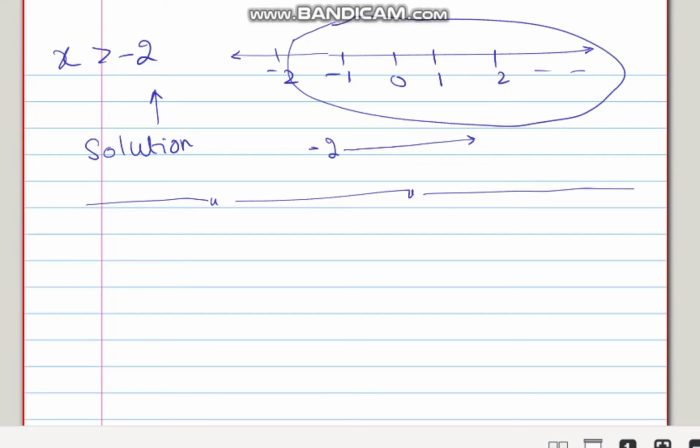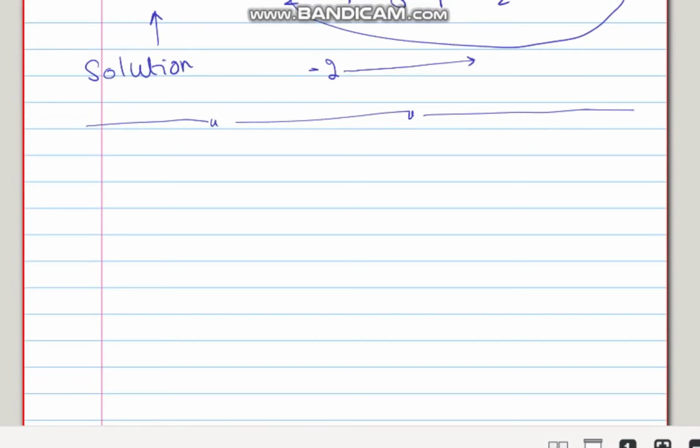One another question. First I want to tell you some important properties of the inequality. Please note this point. There are some important properties of the inequality you must know, because these are fundamental. For example, let me write here x is greater than 2.